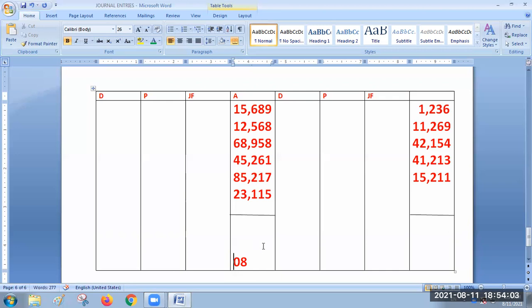Am I correct? So 3 again to the top. 3 plus 7 is 10, 18 plus 10 is 28, 28 plus 3 is 31. Am I wrong? You are wrong.